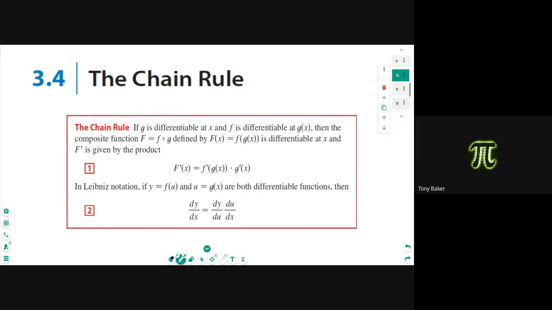Depending on who taught it and how they taught it, but if they used ALEKS, one of the exercises was they gave you h of x equals this function, and you had to tell them what f of x and g of x was. You actually had to split the function up into 2 pieces. At the time, most people, depending on who taught it, might have skipped over that because there's no real purpose to this.